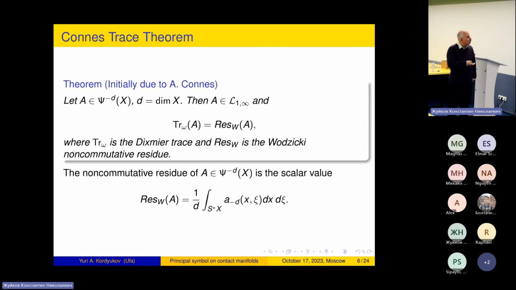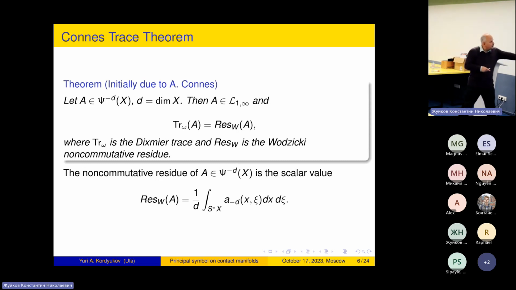So we have a d-dimensional manifold, and we can consider a pseudo-differential operator of order minus d, and then it turns out that the Dixmier trace of this operator exists and equals another quantity, which is also very famous, the so-called Wodzicki noncommutative residue.